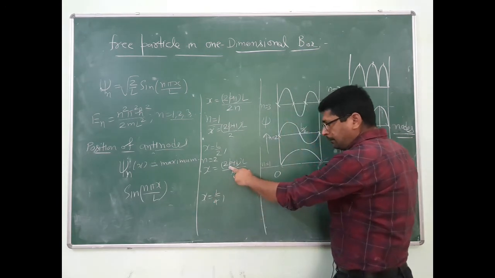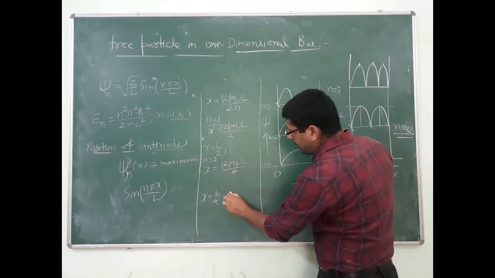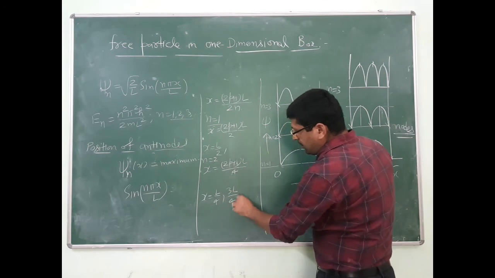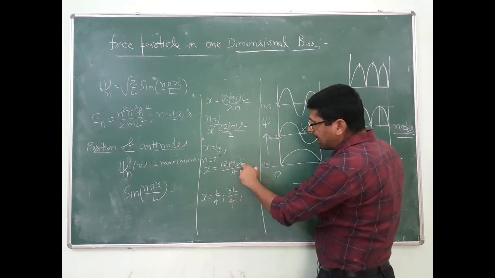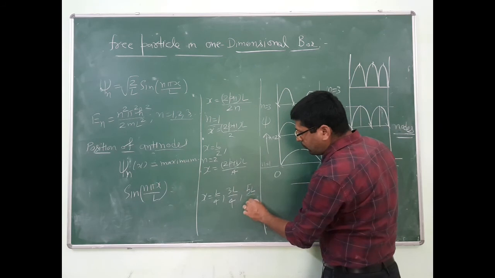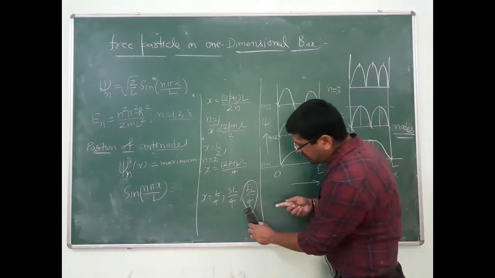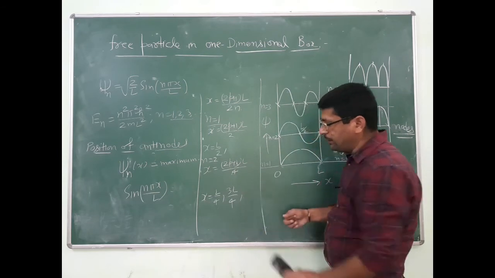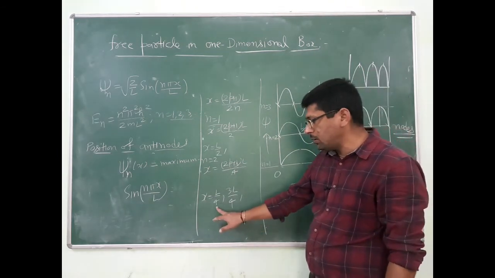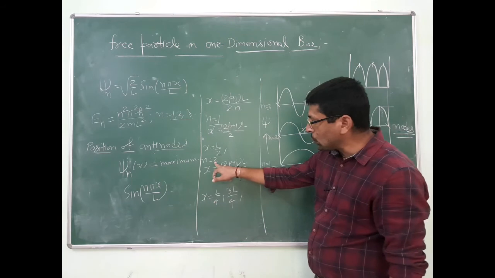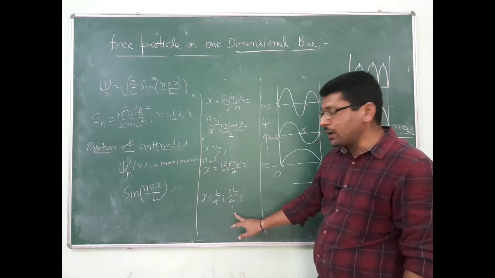When p is 1, this will be 3L by 4. When p is 2, this will be 5L by 4. Again, 5L by 4 is greater than L, so we won't consider this. So there will be only two positions for n is equal to 2 at which the function will become maximum.